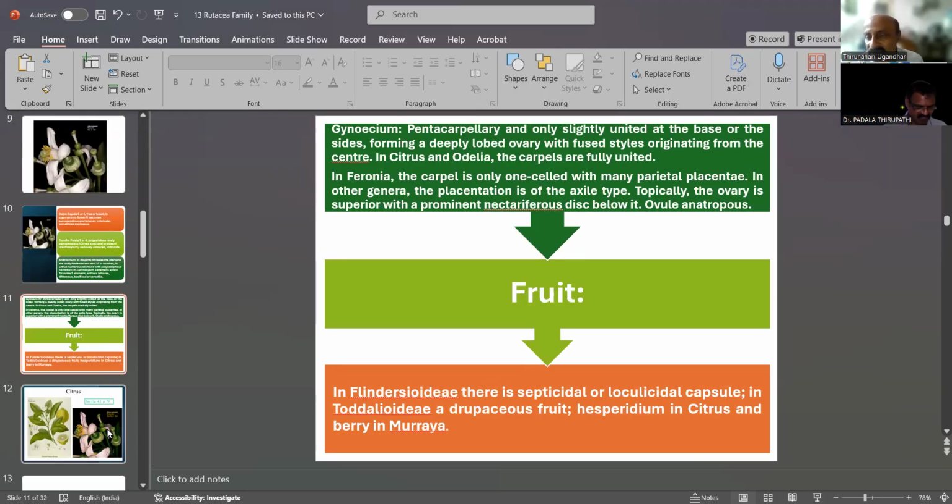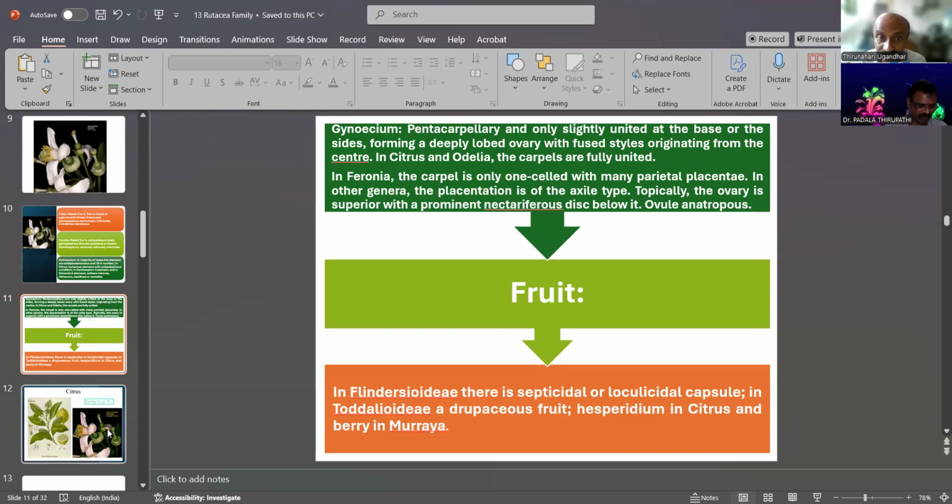Carpels are the female reproductive parts, and in the carpels the ovules are present. In Feronia, the carpel is only one-celled with many parietal placentation. In other genera, the placentation is of the axile type.